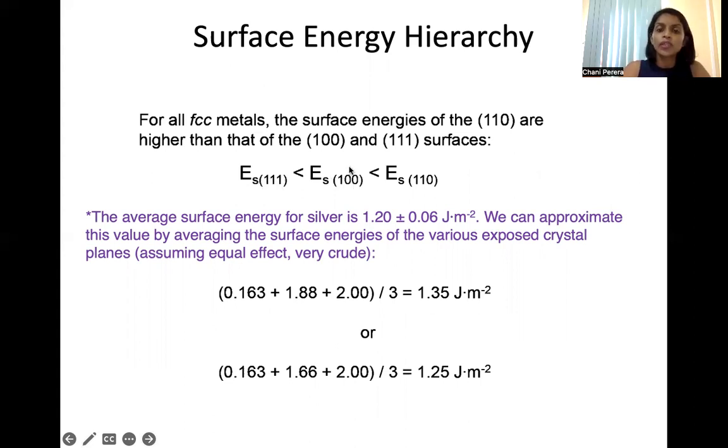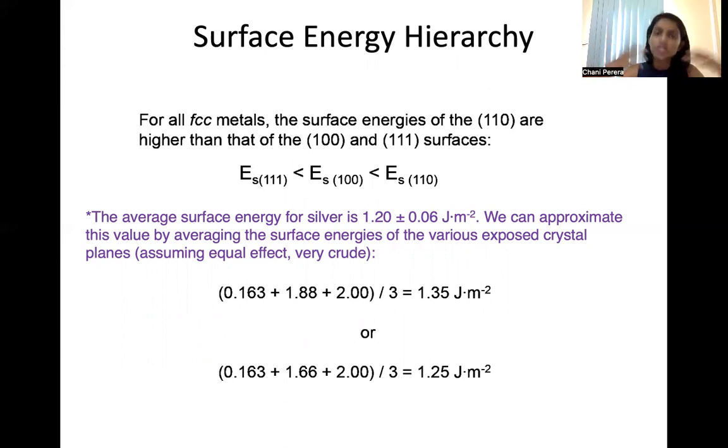The second lowest surface energy is achieved for 100, and the third for 110. So that means 110 has the highest surface energy, 100 is the second highest, and 111 is the lowest. The lowest surface energy means it's more stable, right?